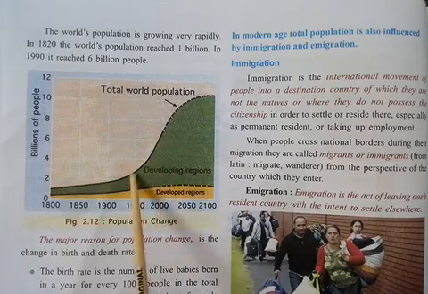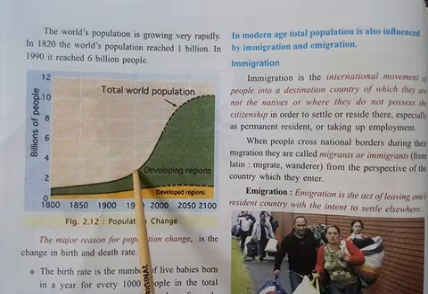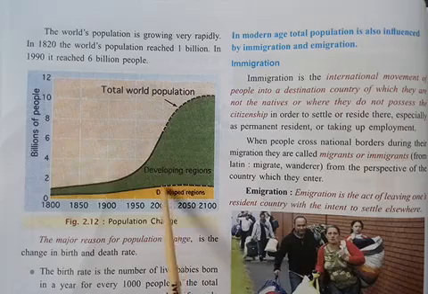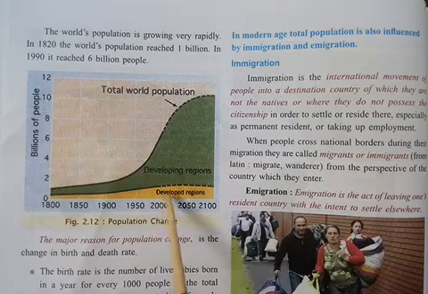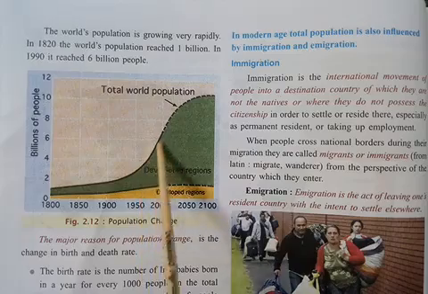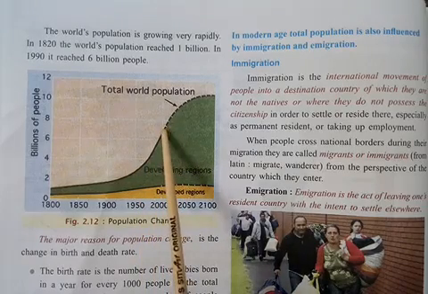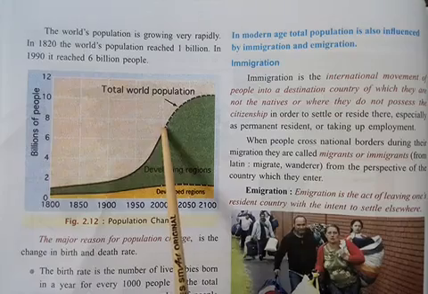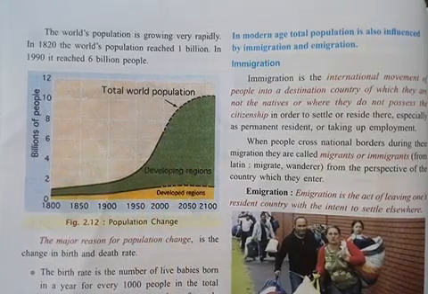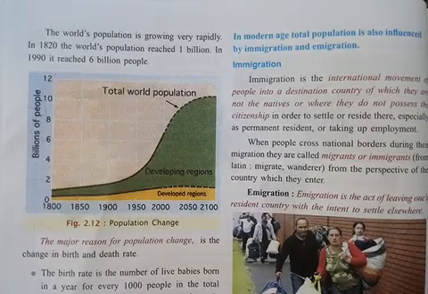In 1950, as I told you, the population was about 2.7 billion, but up to 2000 this population increases how much? You can see here, about just touching 7 billion. So these 50 years show a very, very rapid growth of population.